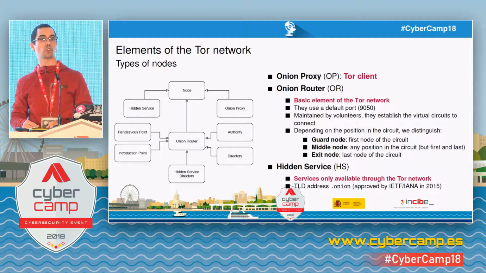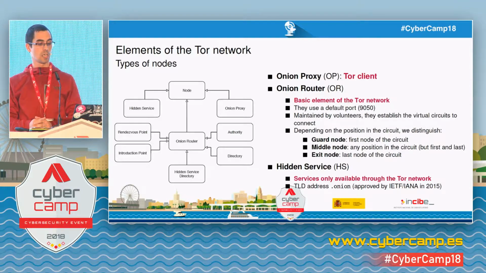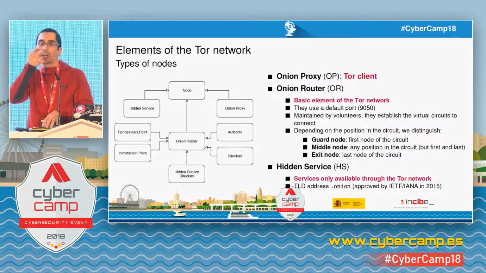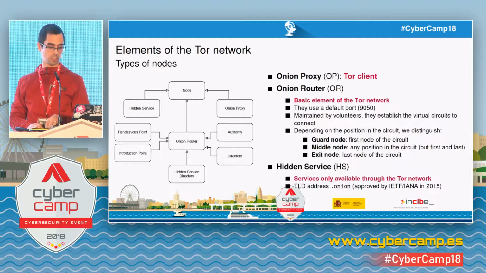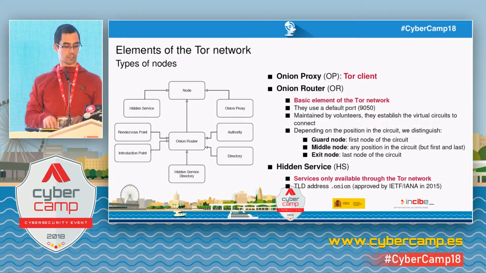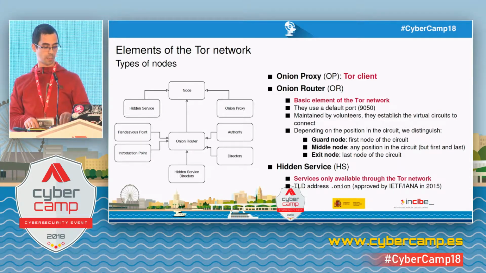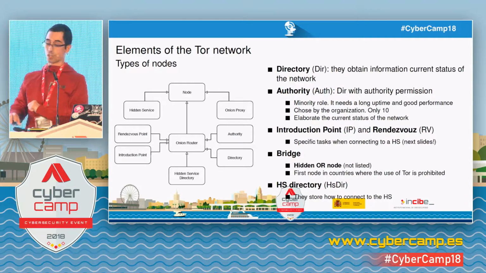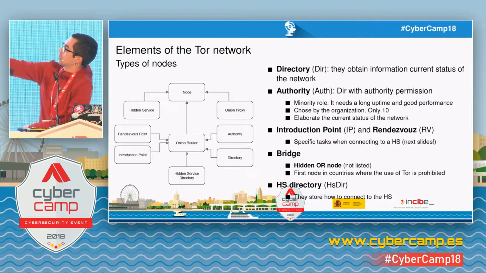Then we have the exit node, the node you use to go to ordinary web, and then the middle node in between the two other ones. Then we also have hidden service node, that is to say services only available through Tor network.